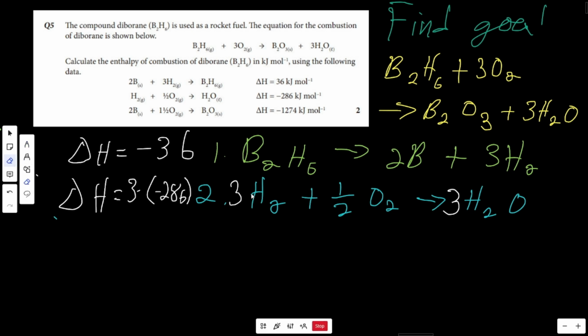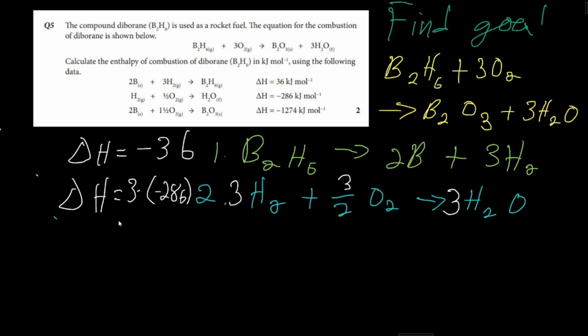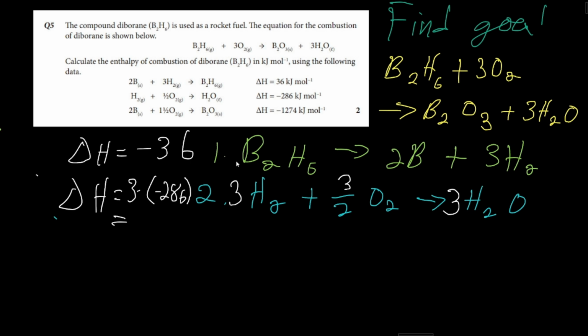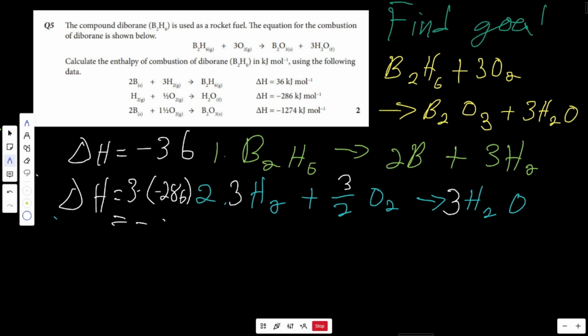So 3 times 1 is 3 moles of hydrogen gas. 3 times 1/2 would be 3 halves of oxygen gas, and then this would form 3 moles of water. So what's our final enthalpy for this part of the reaction? It would be 3 times 286, that's negative 858 kilojoules.